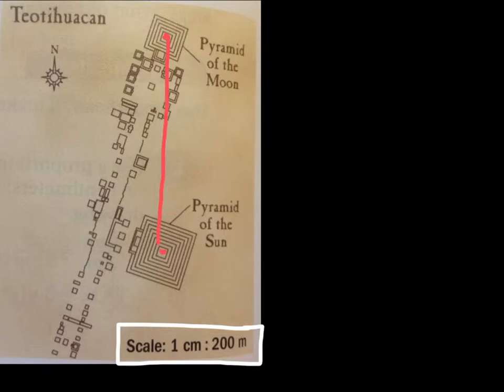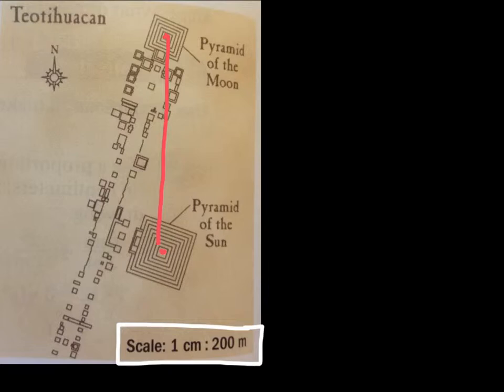The ratio of the map distance between the two pyramids to the actual distance, x, is equal to the scale of the map. So let's write and solve a proportion using that relationship to find the actual distance from the center of the pyramid of the sun to the center of the pyramid of the moon were we to visit the site.